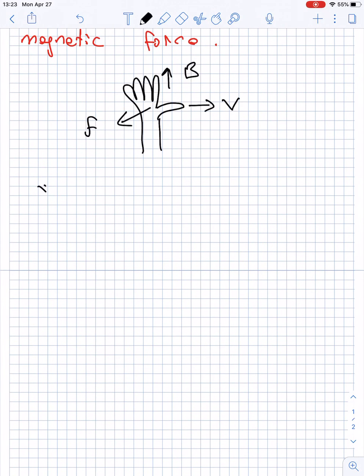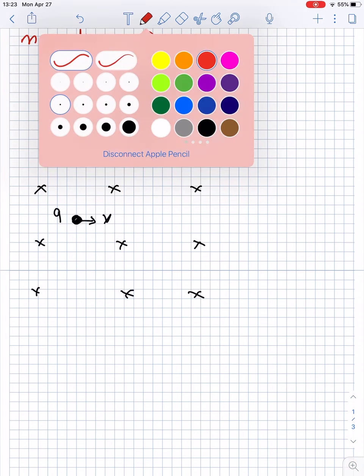Look, this is the magnetic field area, and in it we have a charged particle moving with a velocity in the positive direction. How can we find the magnetic force?